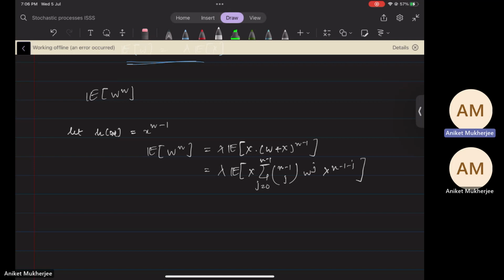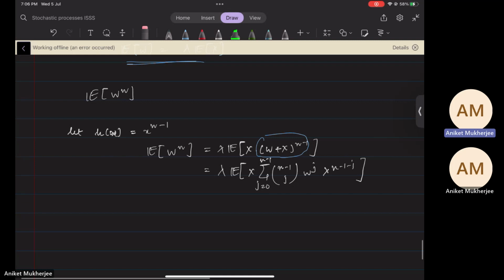So we wrote out the binomial expansion of this term w plus x power n minus 1. And since w is summation i equal to 1 to capital N, that we'll write in the next step. But now we just wrote the binomial expansion of w plus x whole power n minus 1.